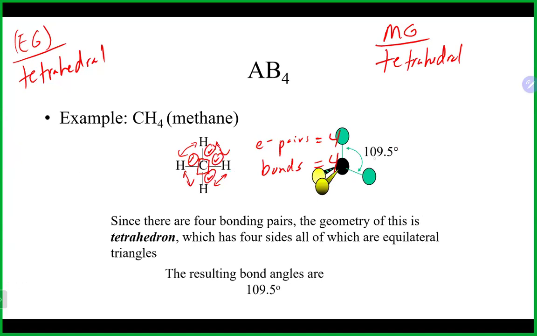The bond angle here is 109.5 degrees. It makes a triangle on the face and almost a pyramidal type of situation on the bottom. So electron pair geometry tetrahedral for 4 electron pairs. Molecular geometry tetrahedral for 4 electron pairs and 4 bonds.